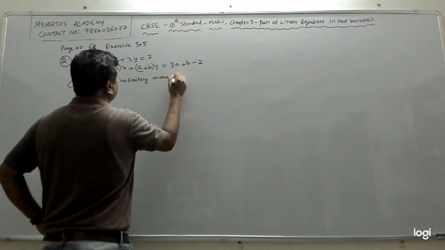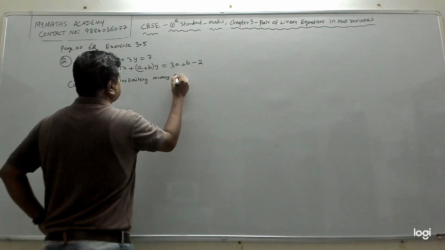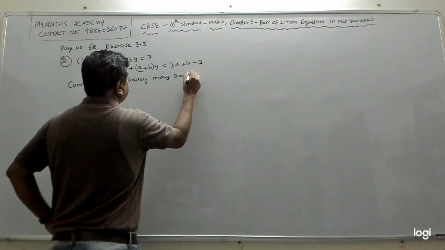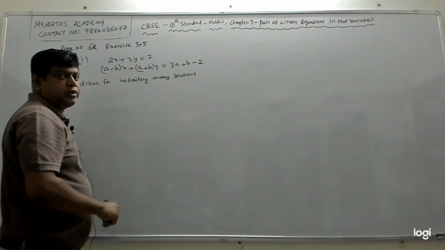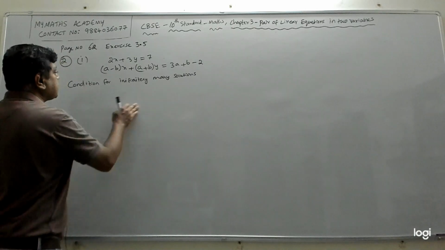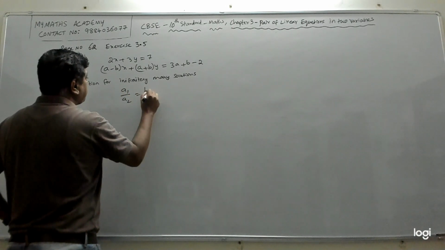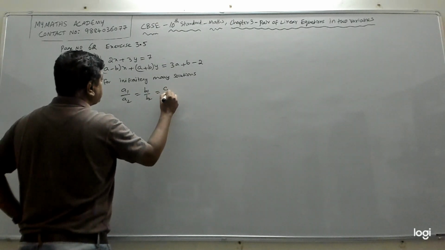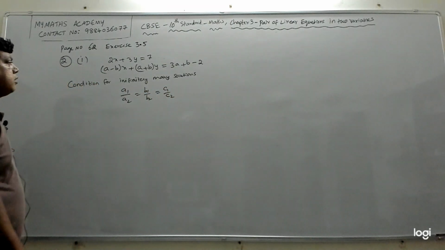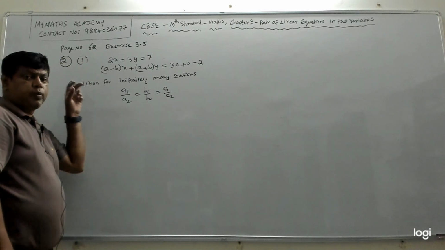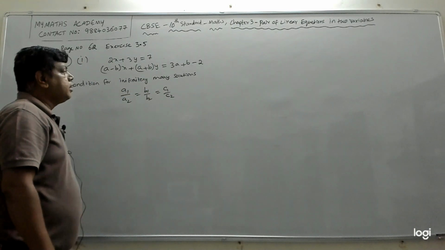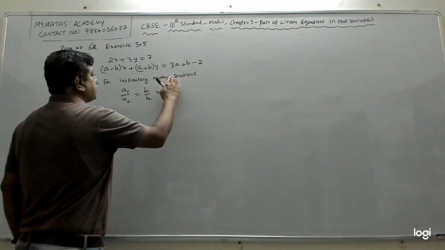What is the condition? As per table 3.4, we need to have a1 by a2 equal to b1 by b2 equal to c1 by c2.